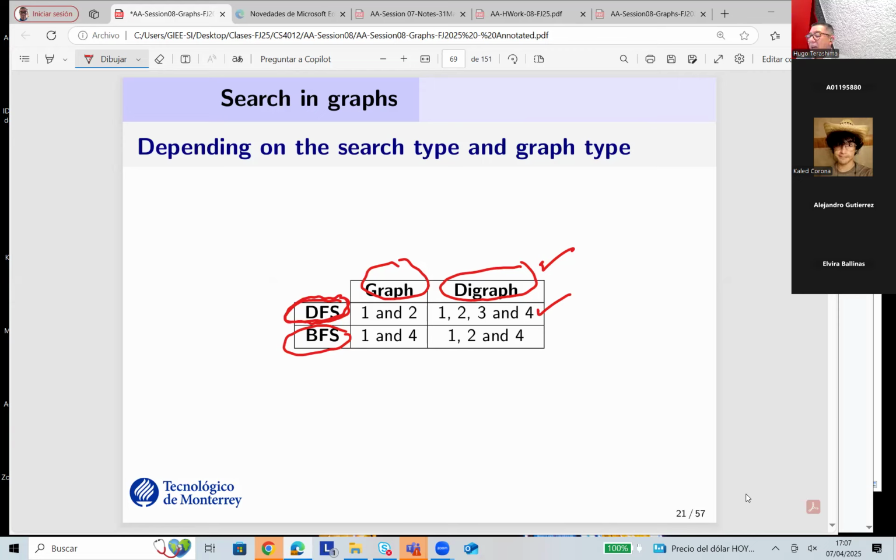If I have an undirected graph and I'm just doing DFS, I'm going to have just tree edges and back edges. For BFS in undirected graphs, I'm going to have tree edges and cross edges. And if I have BFS and a digraph, I have all edges except, what is the one, number 3?